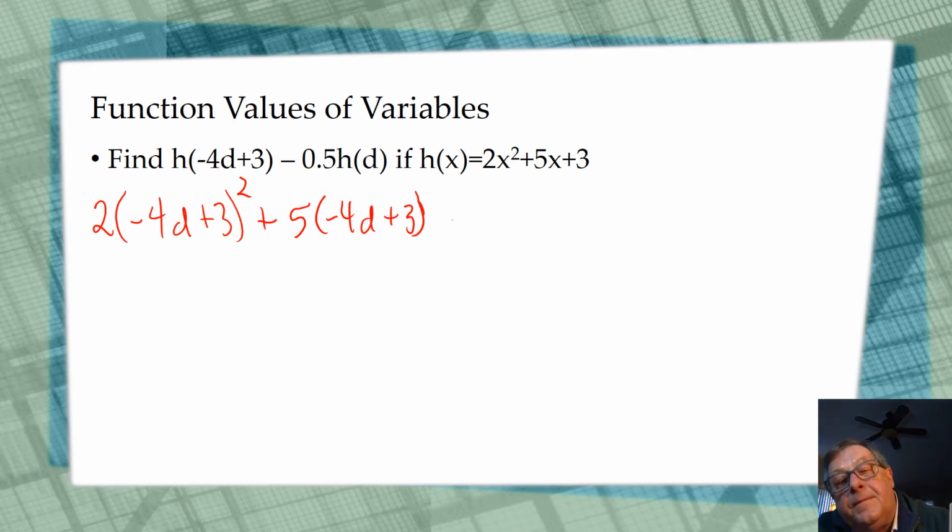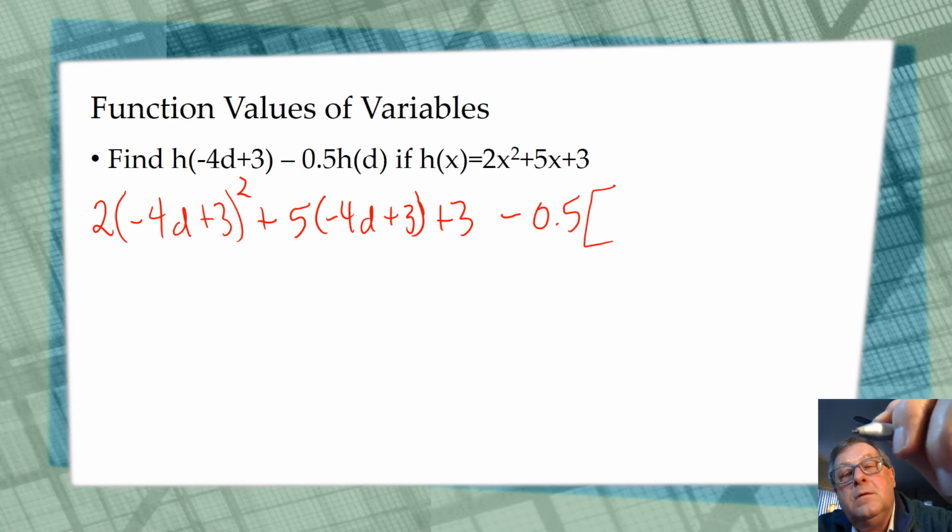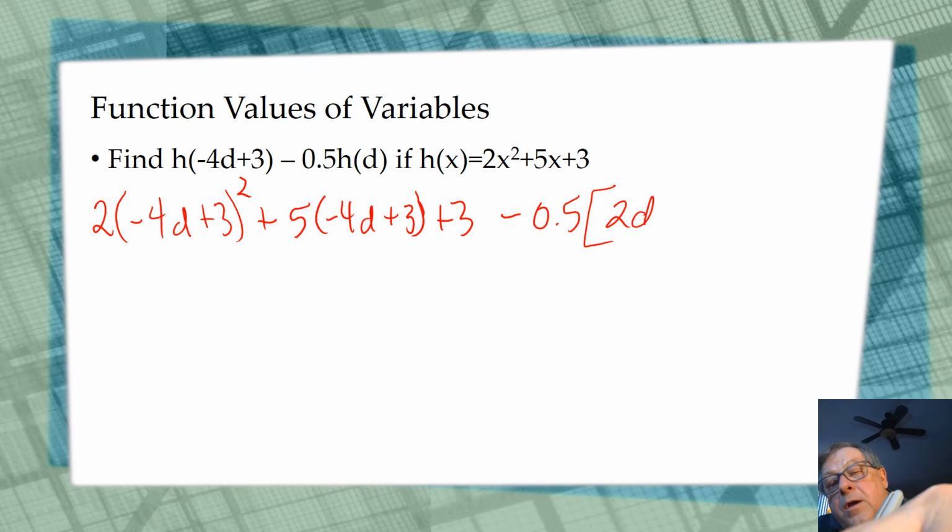Plus 3. And then we've got minus 0.5 times 2d squared plus 5d. I'm just simply substituting in d for x, plus 3.